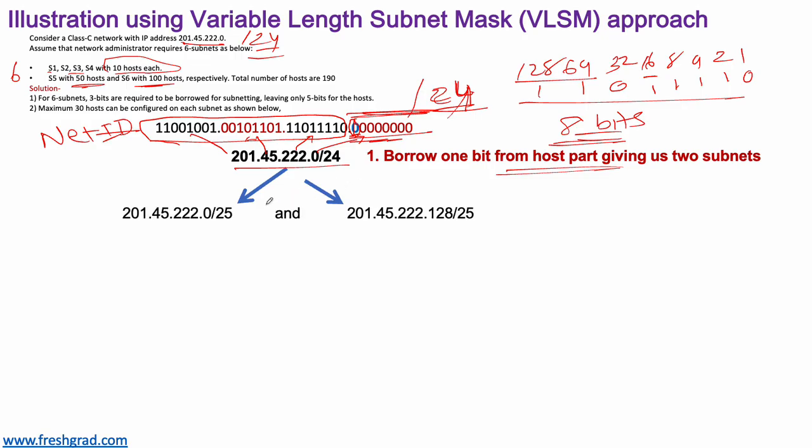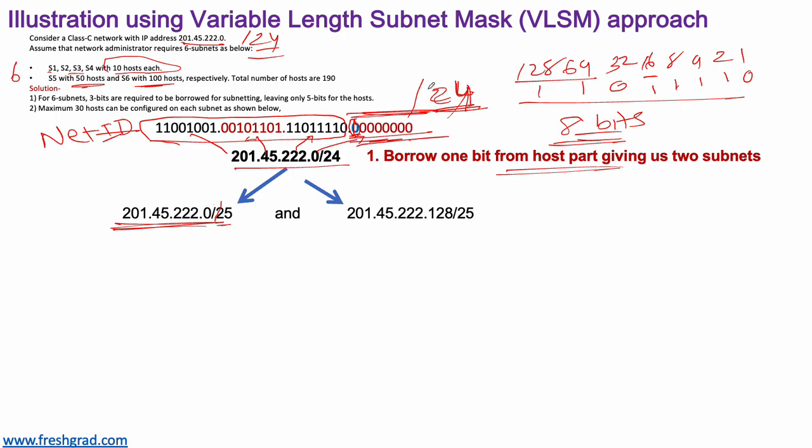And what happens? When you borrow 1 bit, you basically divide this network into 2 parts, right? This is 201.45.222.0 /25. Here it was a /24 network, but when you borrow 1 bit, you divide it into two subnets, and your original network becomes the smaller one.